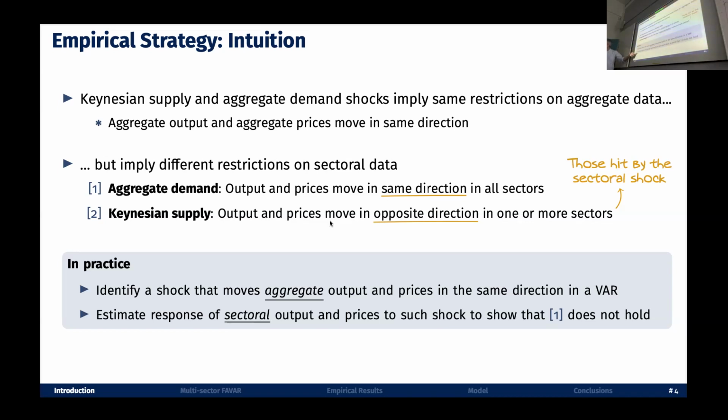And then I'm going to go to the sectoral data and ask, out of these objects that I extracted, that until yesterday I would have thought were only the aggregate demand shock, can I show that some sectors respond with negative movements to this object that I just identified? And if that's the case, then I can arguably convince you that some of these Keynesian supply shocks play at least some role. I wouldn't be able to say how much. I wouldn't be able to say how important they are.